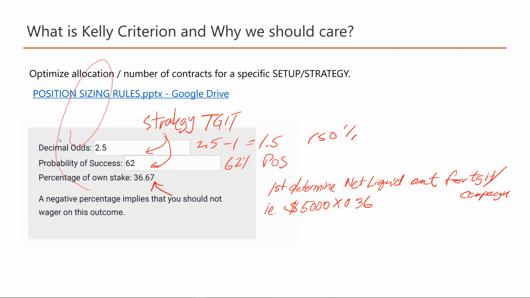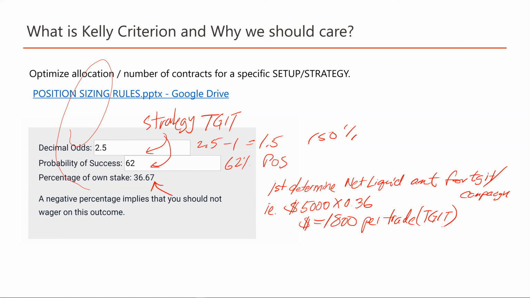And you might be saying, well, that's a lot. So what's 36% of 5,000? It's 1,800 per trade, TGIT.